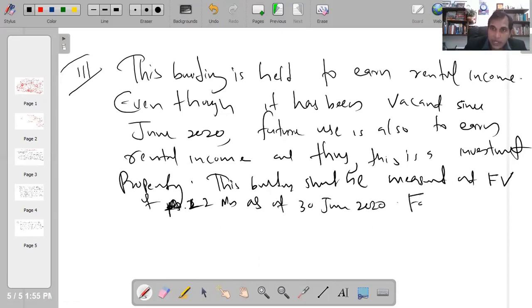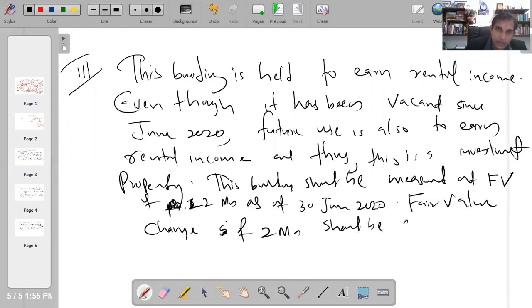Fair value change of 2 million should be charged to P&L.